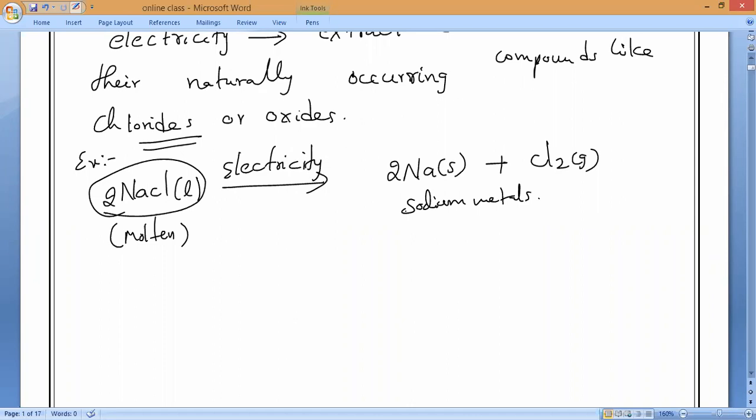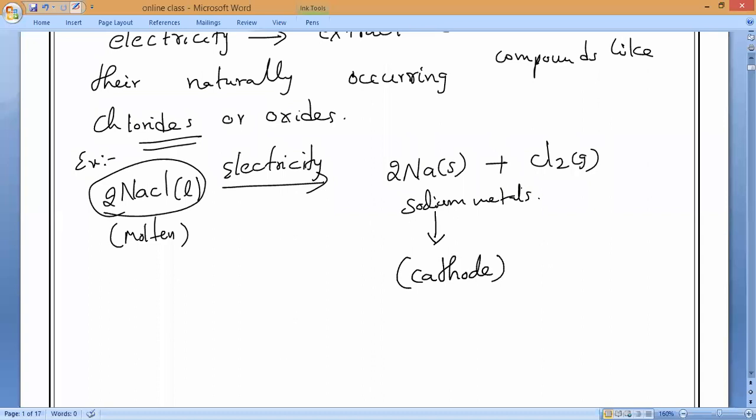The best example is when the fused or molten metal chloride or metal oxide is decomposed by passing electricity, then the metal is produced at the cathode. All of you should remember, metal will be produced at the cathode, because metals are positive ions. The cathode has negative charge, so they are produced at the cathode.